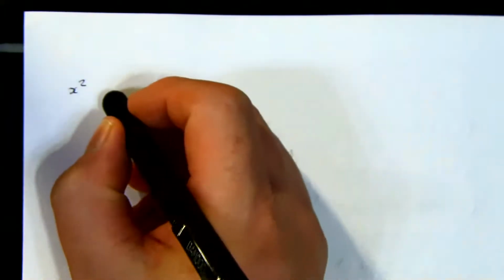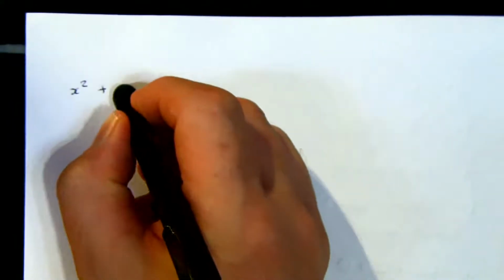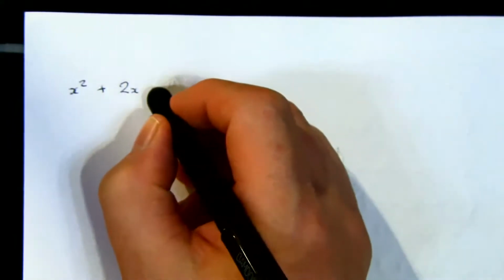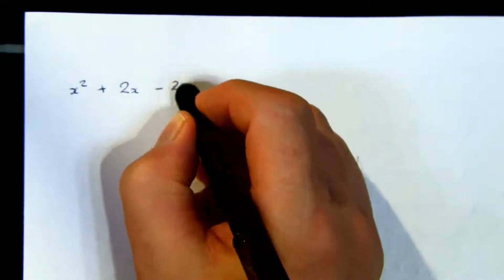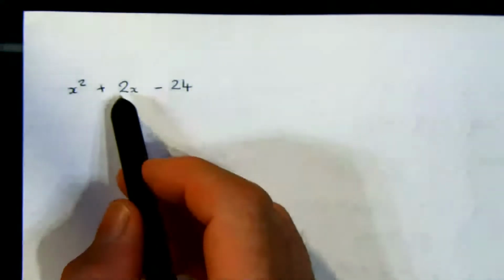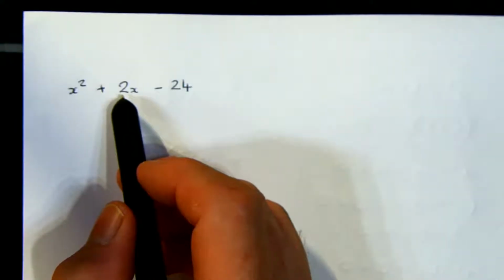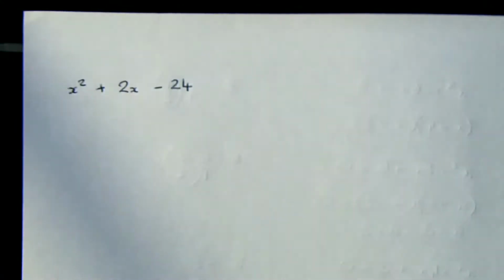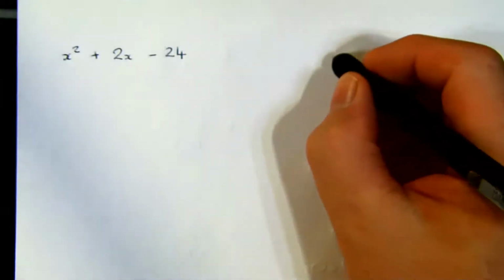And this will give us a little bit more of a problem. If I take x squared plus 2x minus 24. My middle term this time is positive. Okay, so the other rule's not going to apply.